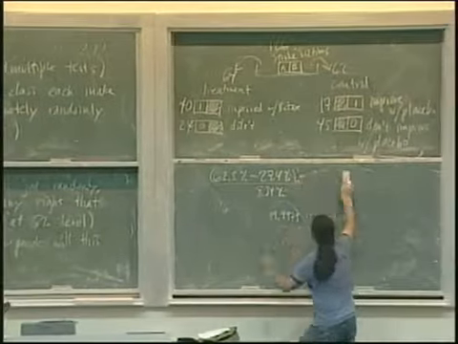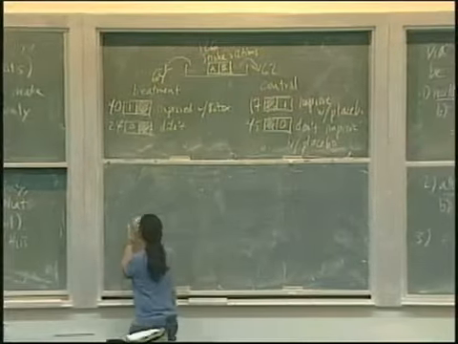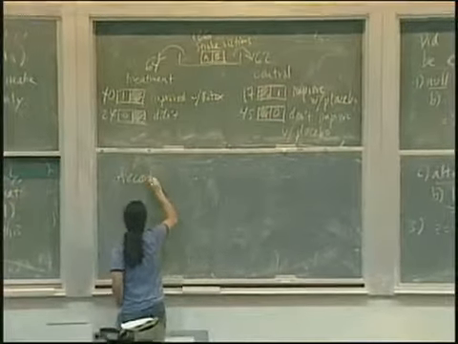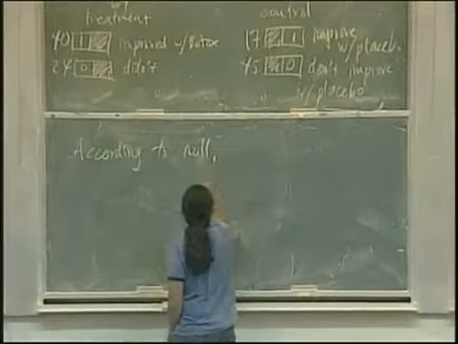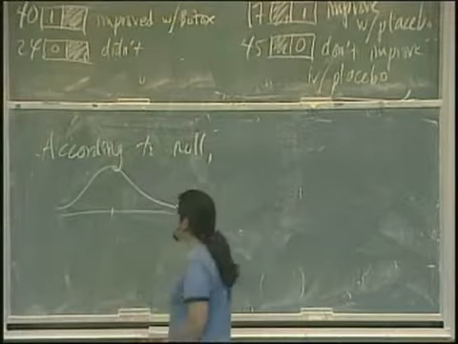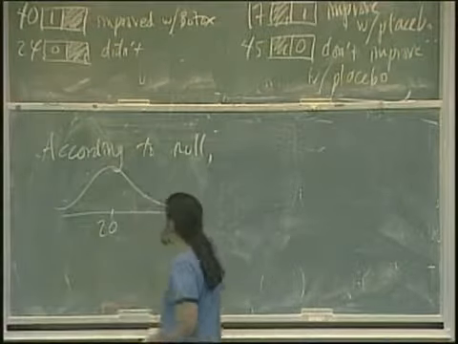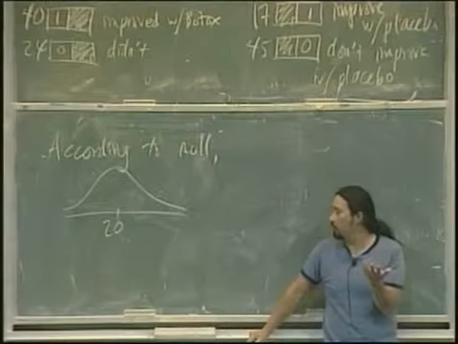Well, according to the null, the probability histogram looks like this, right? You expect to get about 20 right out of 100.